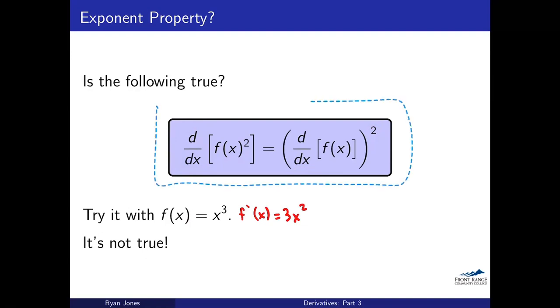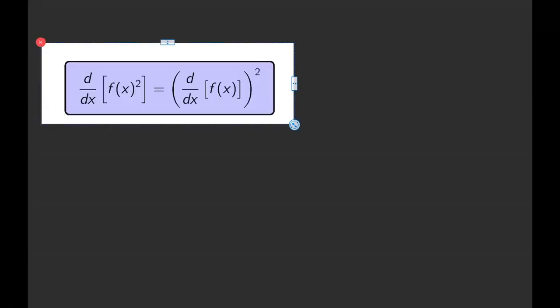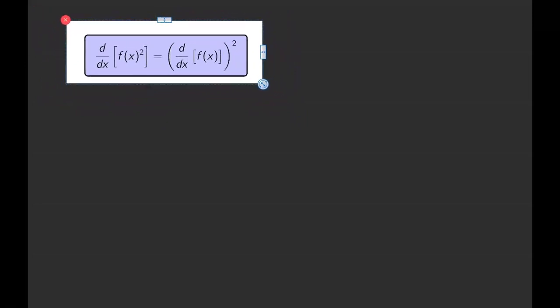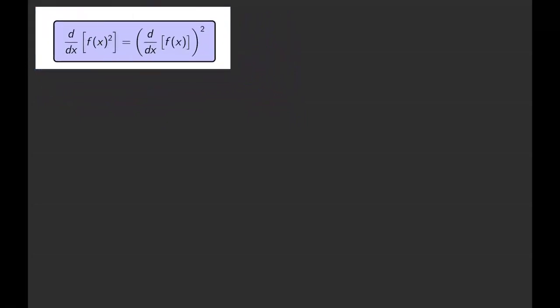Let's put this on a different slide, and I'll show this work carefully. So I'm gonna do the left side first. So f of x is equal to x cubed. That's good. So let's go ahead and do the left side.